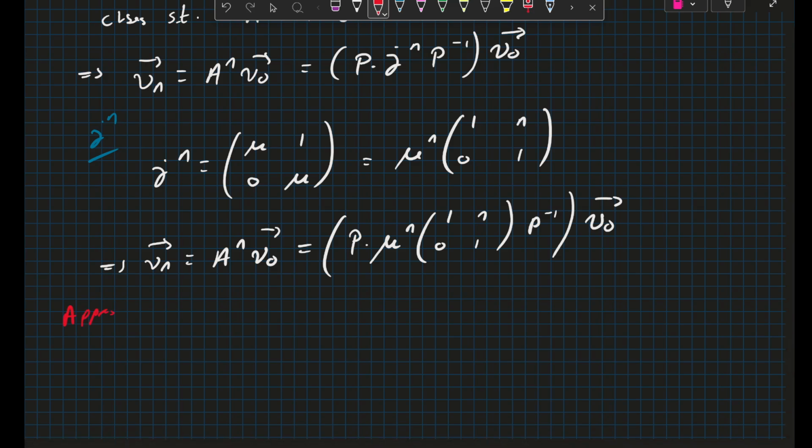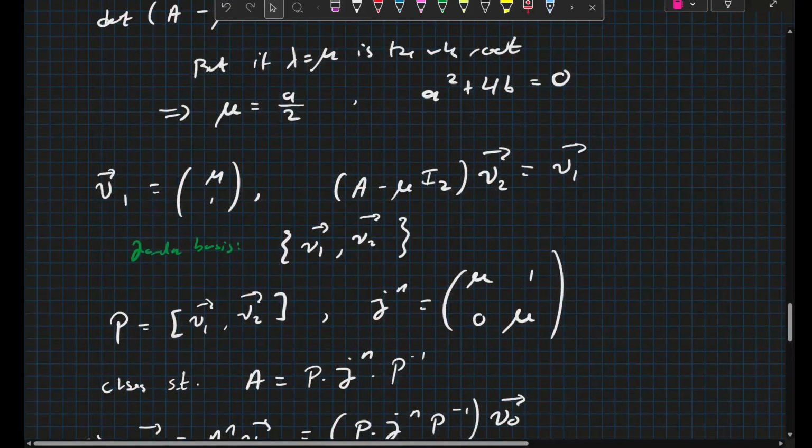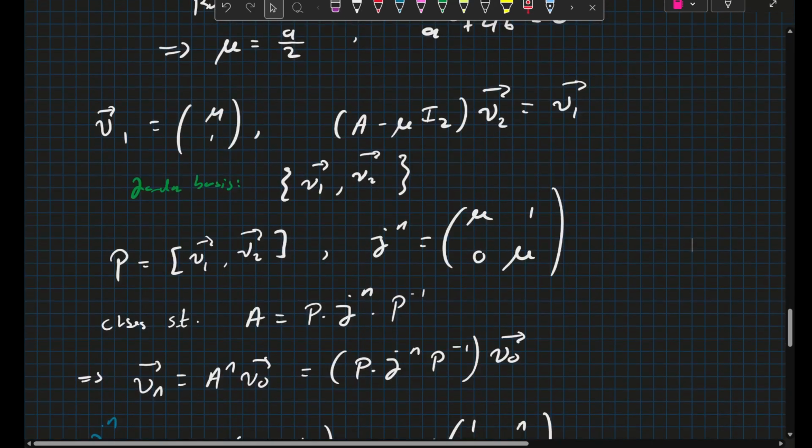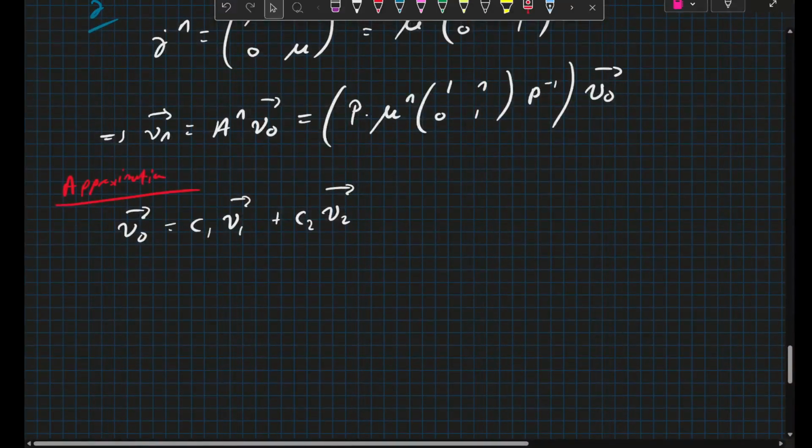We're going to guess, again like before, that v0 can be made up of some linear combination of our vectors v1 and v2. Remember v1 is that mu1 eigenvector, and v2 is the vector that solves A take away mu lots of the identity times whatever that vector is, giving us back v1.